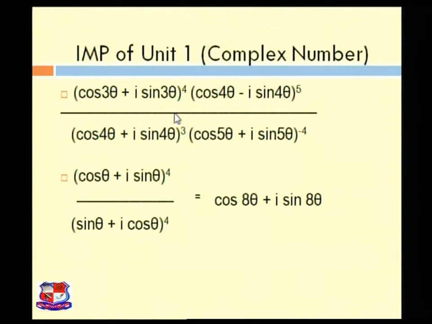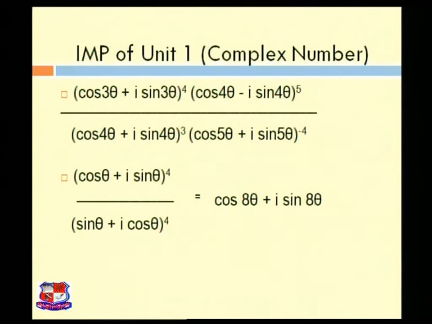Now we want to find out our next question, that is cos 3 theta plus i sin 3 theta raised to 4 into cos 4 theta minus i sin 4 theta raised to 5 divided by cos 4 theta plus i sin 4 theta raised to 3 into cos 5 theta plus i sin 5 theta raised to minus 4. So write it down.